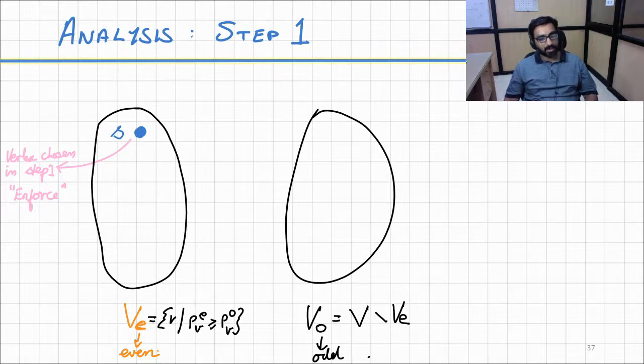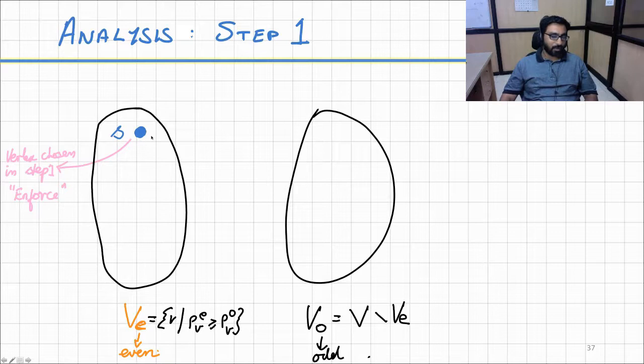But this is not done arbitrarily, rather it is done in the following manner. The set VE is the set of all vertices such that the probability PVE is greater than or equal to PVO. So these are the vertices at which you are more likely to terminate after an even number of steps.